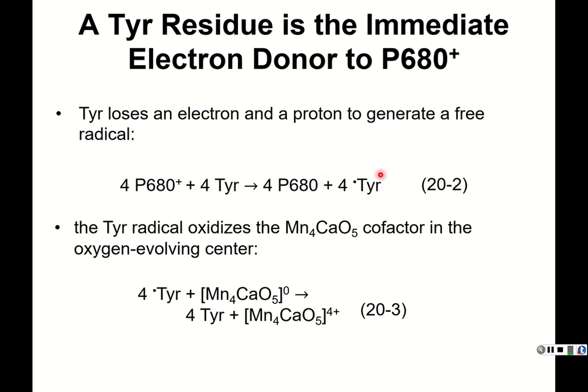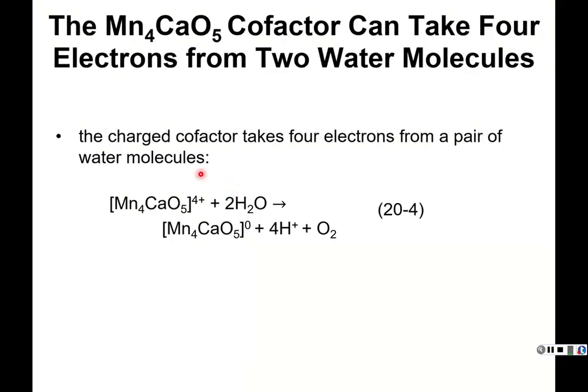Probably not super important that you note that. That tyrosine radical then oxidizes this manganese complex in the oxygen evolving center. So the tyrosine oxidizes that manganese complex, and that's what gives us this driving force to take electrons from water.